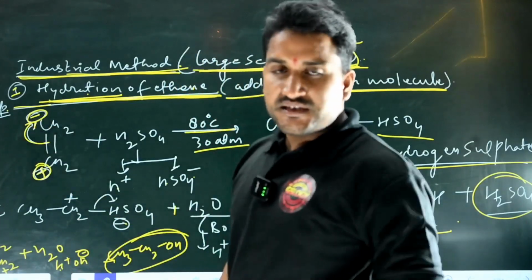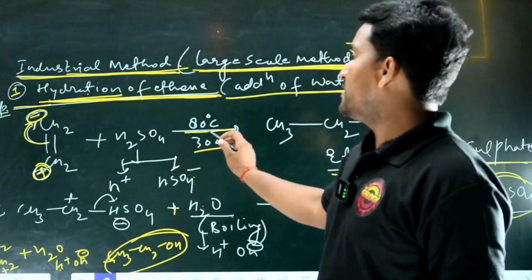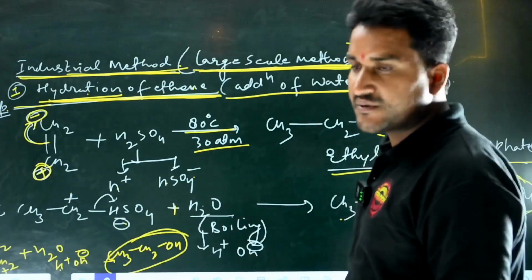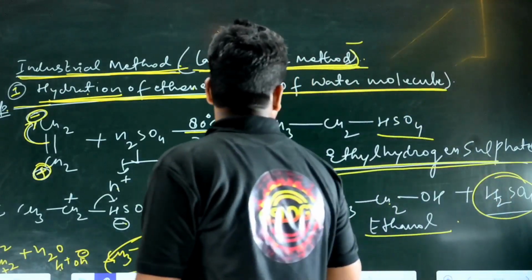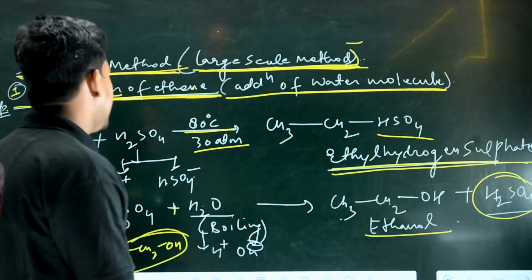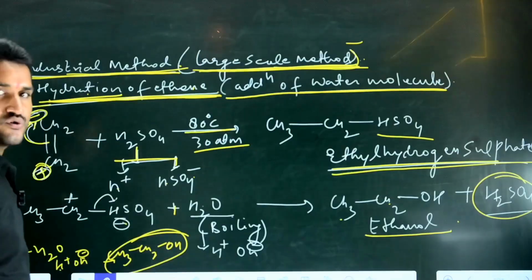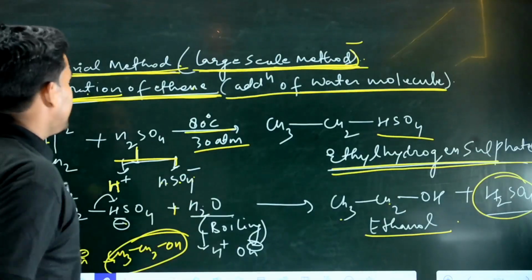First step, ethene reacts with H2SO4 at 80 degrees Celsius and 30 atmospheric pressure. Then it will form what? Ethyl hydrogen sulfate. You know very well, on dissociation of H2SO4 it will give H plus and HSO4 minus.